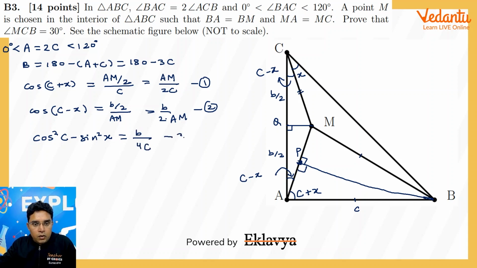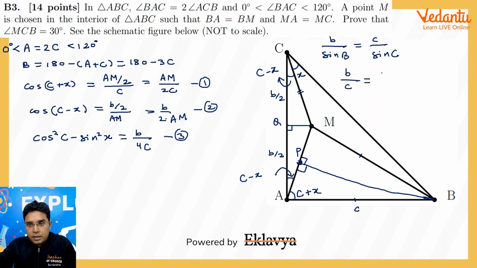Now I will be using B upon C using the sine rule. So B upon sine B will be equal to C upon sine C. And because B is 180 minus 3C, I can write B upon C as sine of 180 minus 3C, which means sine 3C upon sine C. So this will be 3 minus 4 sine square C. Or let me write this in terms of cos.